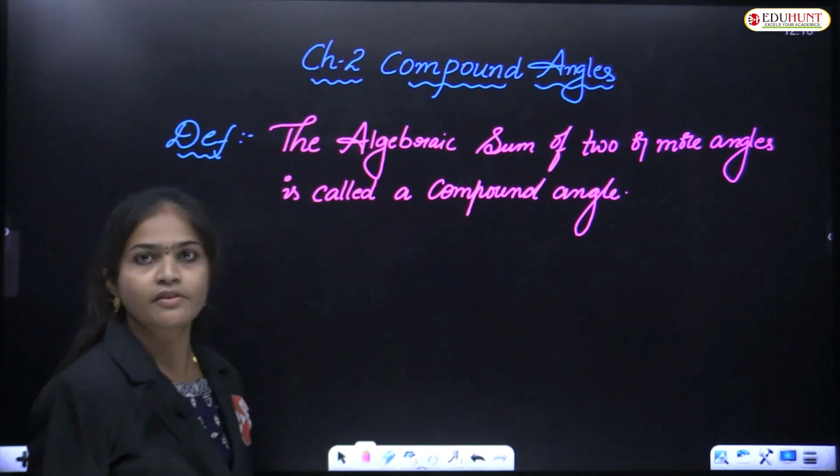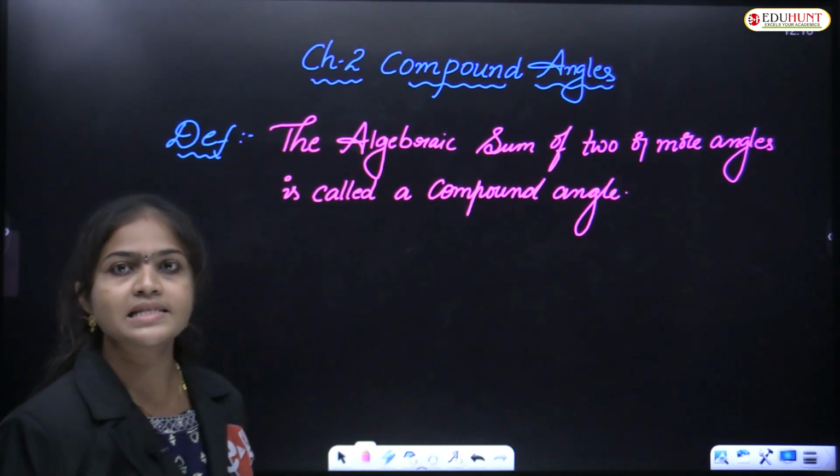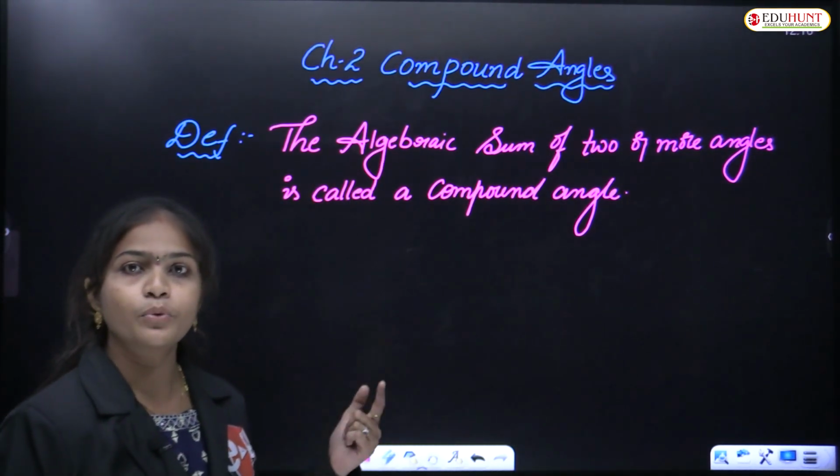So what is the definition of compound angles? The algebraic sum of 2 or more angles.